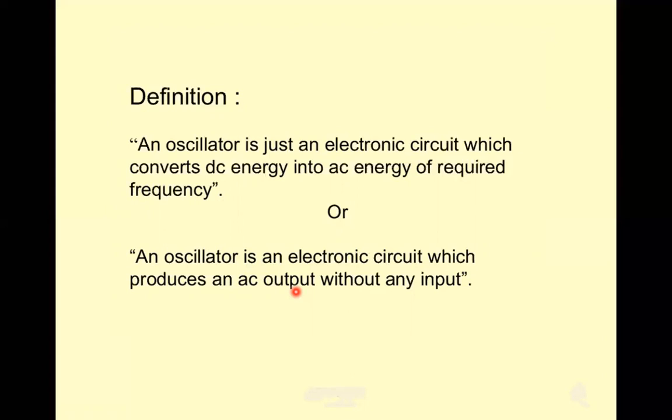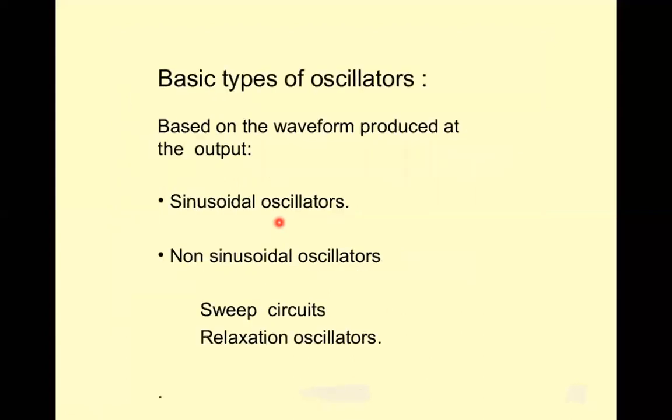But it cannot produce a high frequency value. That was the drawback with the alternator. Whereas an oscillator is a non-rotating electronic device which converts DC energy into AC energy and produces oscillations ranging from a few hertz to several megahertz. That is the biggest advantage of the oscillator compared to an alternator.